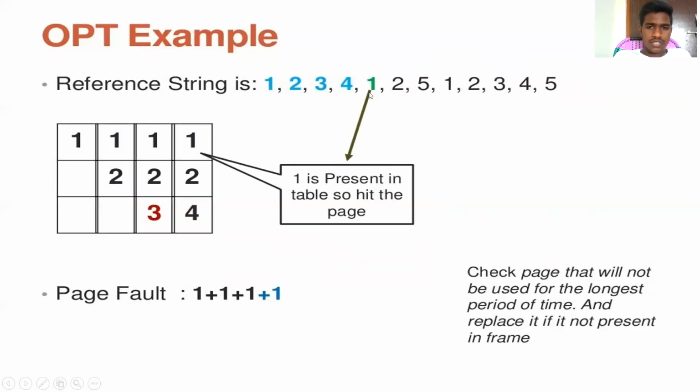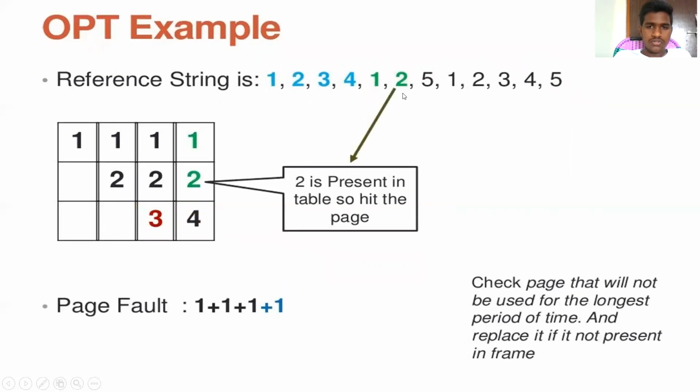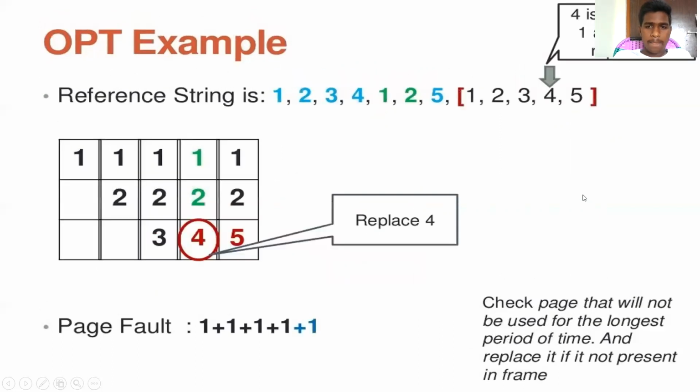Here next is 1. 1 is already there, so it is a hit bit. Next 2. 2 is present in the table, so it is a hit. Next 5. We have to replace one of these 1, 2, 4 with this 5. So we know optimal means which will be used for the longest time.